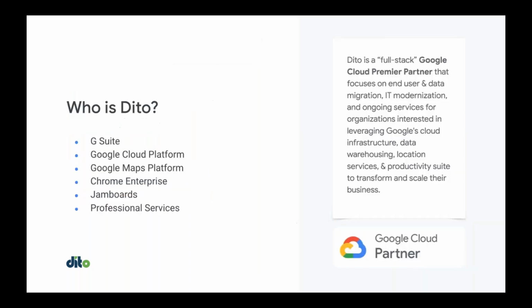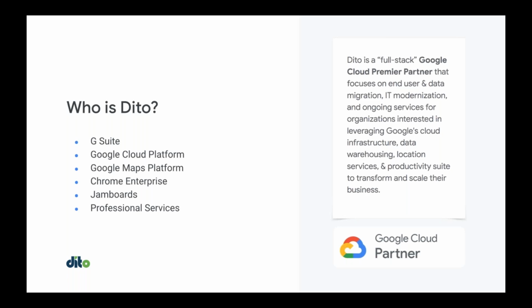But before we get into the meat of the presentation, I just want to take a second to introduce who Dido is for anyone who's not familiar with us. So we're really a full stack Google Cloud Premier partner. And what that means is we're a Premier partner across the full range of Google Enterprise services. So that incorporates G Suite, Google Cloud Platform, Chrome Enterprise, Jamboards, as well as, of course, Google Maps, which we're focusing on today.